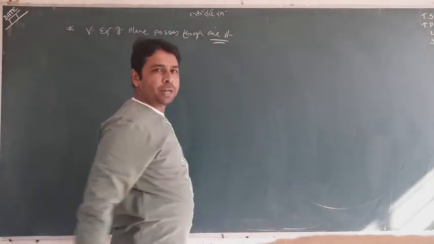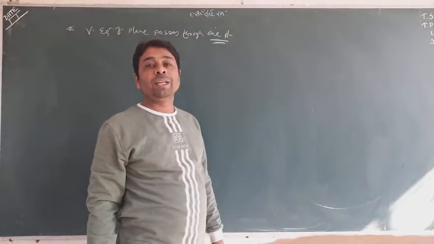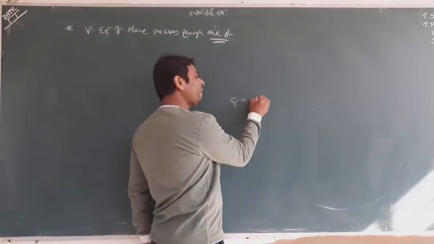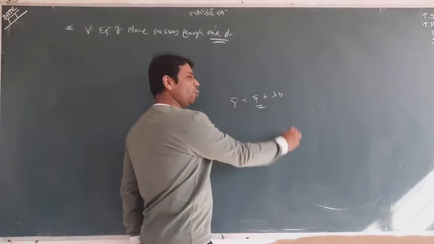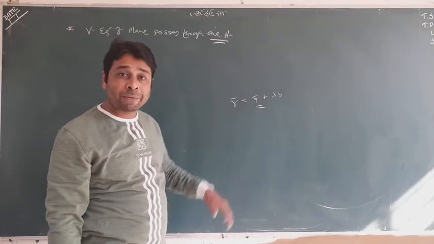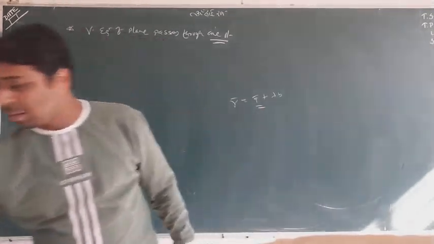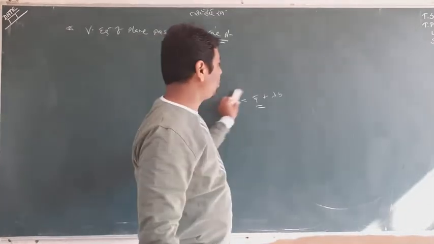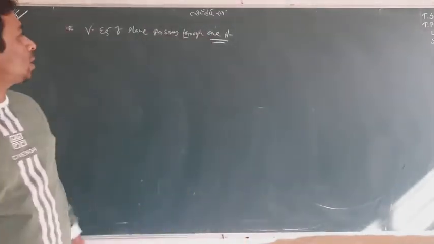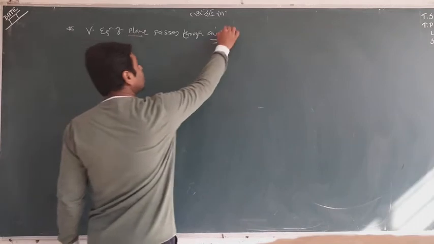Very important. When we saw the equation of a line, r equal to a plus lambda b, a was the position vector of the point through which the line passes, the one-point form. But this is the first time we are looking at the one-point form in a plane, a plane which passes through one given point.